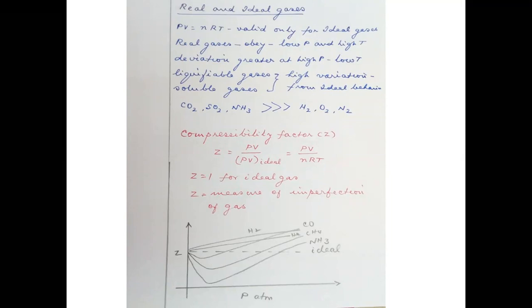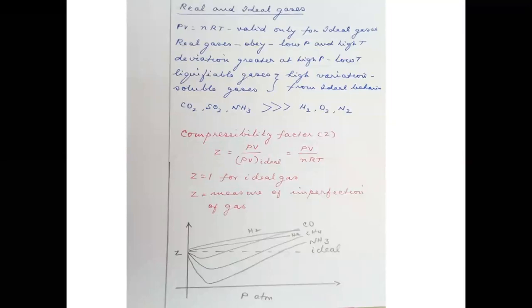But when you apply the same equation to real gases, they are observed to obey the ideal gas equation at very low pressures and at high temperatures. Because at low pressures, the gas molecules are far apart. They go far away from each other and they are widely separated. And also at high temperature, the intermolecular interactions will vanish.